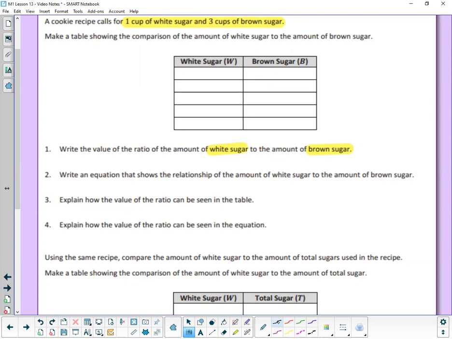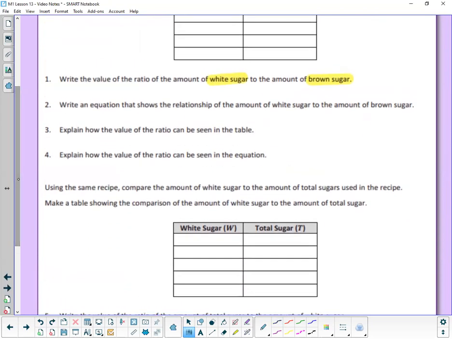But what they're really looking for here, and it's kind of vague, but what I'd like to see you try to do is this: W equals something brown. Now, it might be multiplication, might be division. I'm not going to tell you. I'd like you to figure it out. Then, if you can, write how you would figure out the brown if you knew how much white.